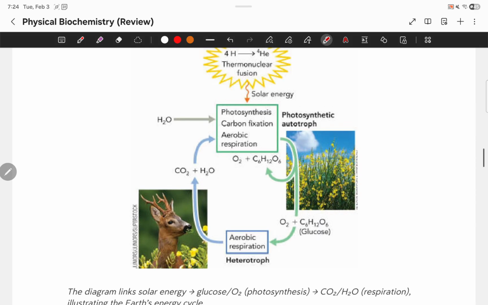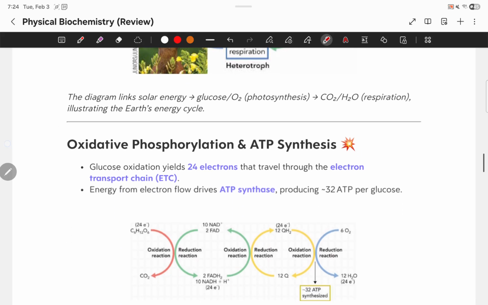Right here, it's showing conversion of carbon dioxide and water into glucose and oxygen. And right here, it's showing aerobic respiration. That means we have the conversion of oxygen and glucose into carbon dioxide and water.